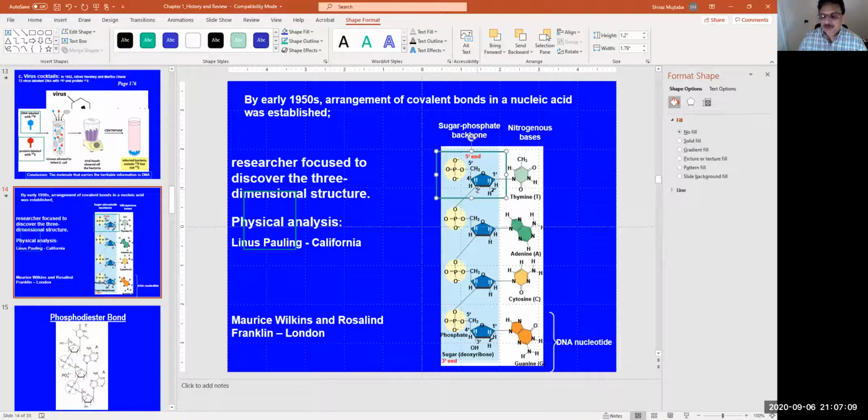This 3 prime carbon is attached to a phosphate group, and this phosphate group on one hand is attached to the 3rd carbon atom, and on the other hand to the 5th carbon atom. So let's go back to the drawing board.